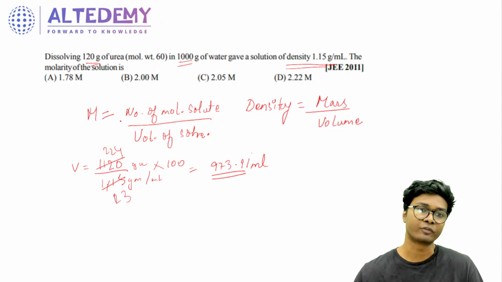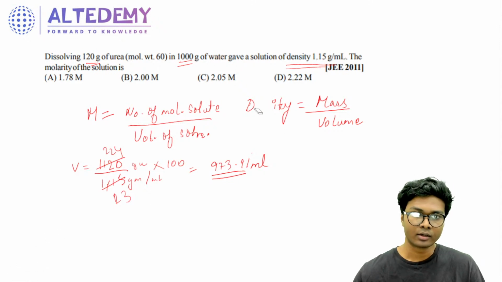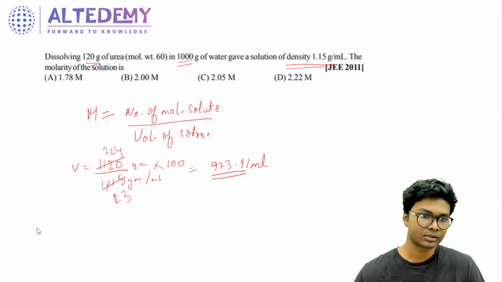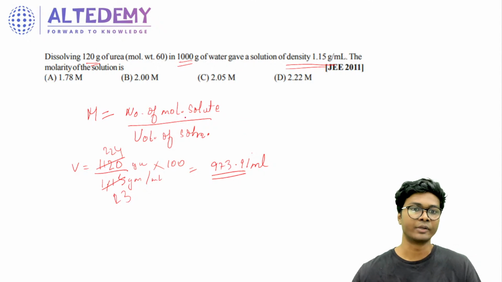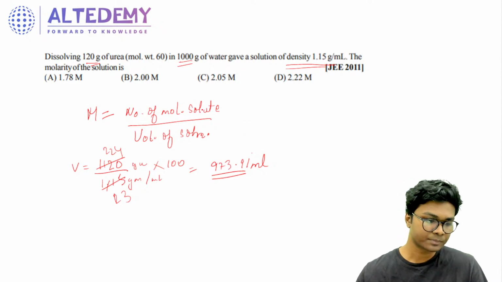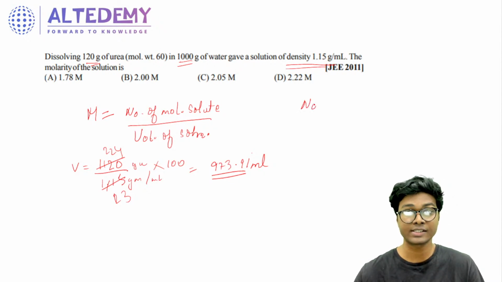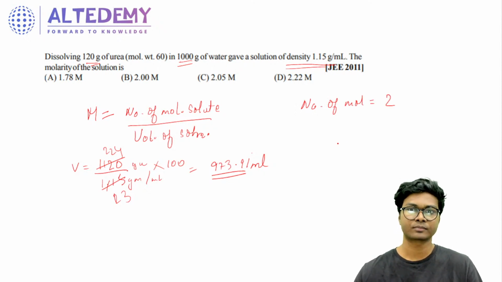Now, we have to find the molarity. To find the molarity, we need the number of moles. We know that the molecular weight of urea is 60 and we are using 120 grams of it. So the number of moles equals the given weight 120 by the molecular weight 60, which is 2.